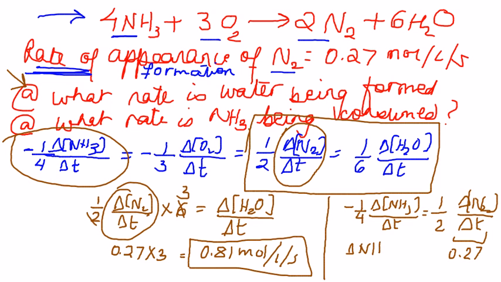Delta ammonia divided by delta T is going to be equal to negative 4 over 2 times 0.27, which is 2 times, so you're going to end up with an answer of negative 0.54 moles per liter per second.